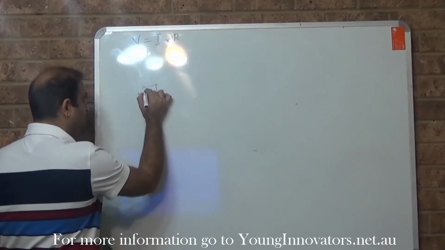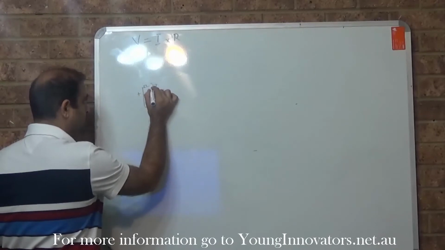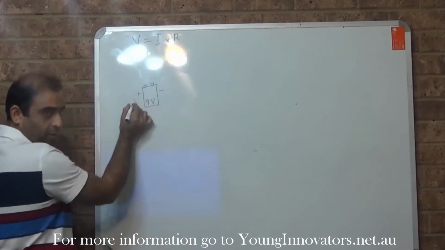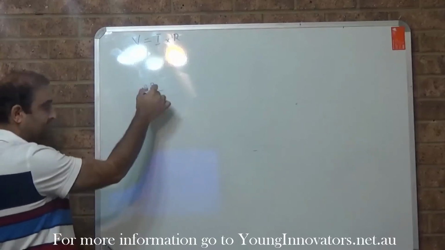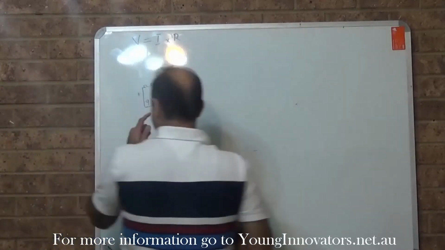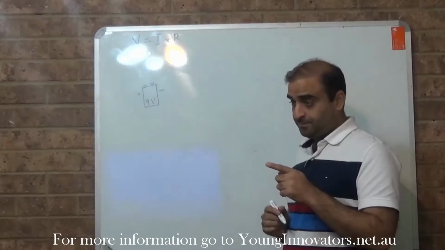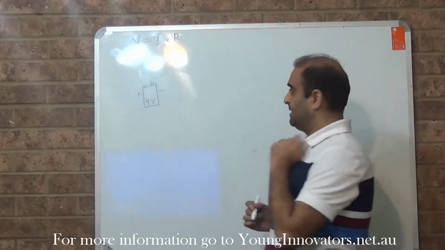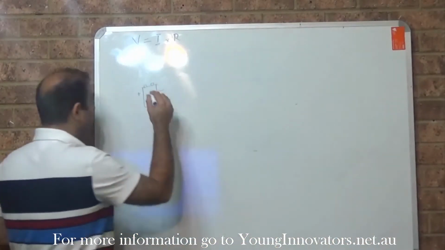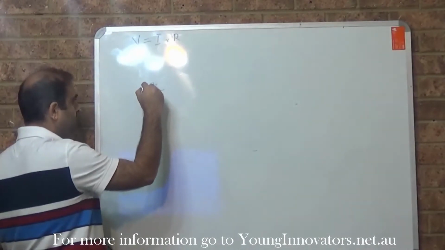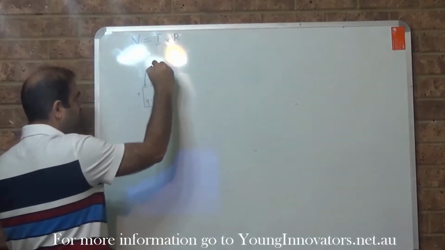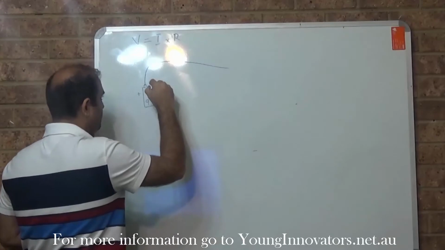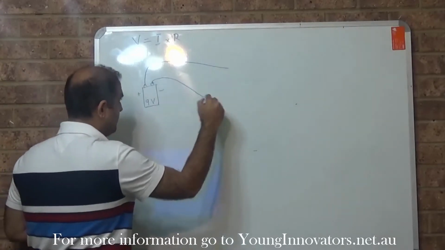And there were two little knobs on the top. This knob is the positive knob, towards the positive side, and that's the negative knob. So electricity flows from where to where? Positive to negative. So we'll connect our wire from the positive and the negative.